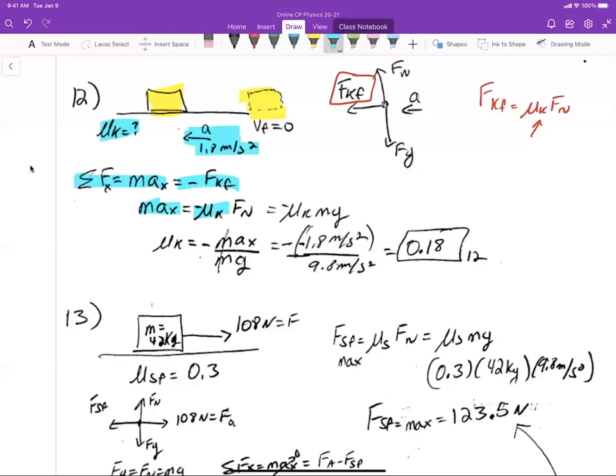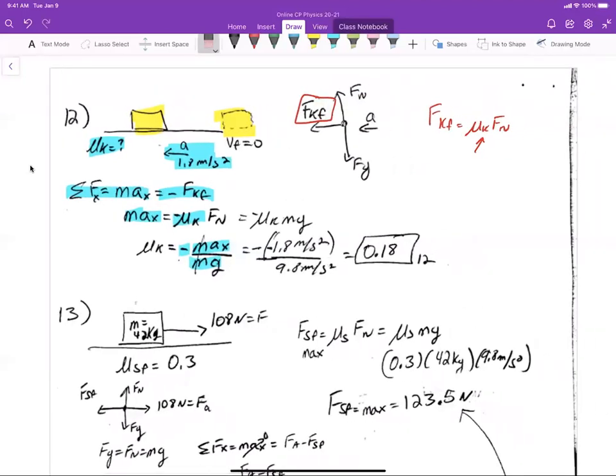I can rearrange this equation for mu k, and sure enough, negative mass times acceleration over force normal, which we know is mg in this situation because it's equal to force of gravity. And then my mass cancels, perfect, didn't even need mass. I had a negative acceleration, so it makes my negatives cancel, which is great because we know that mu k is a positive number, and there it is at 0.18.